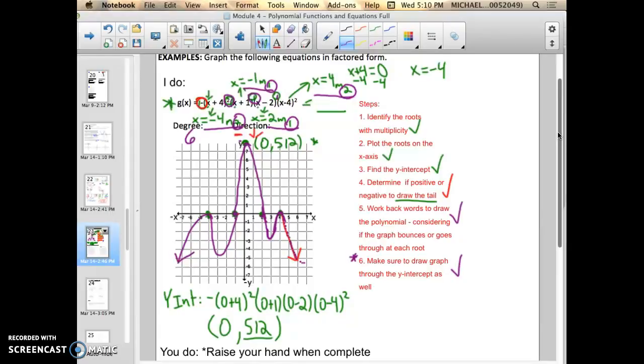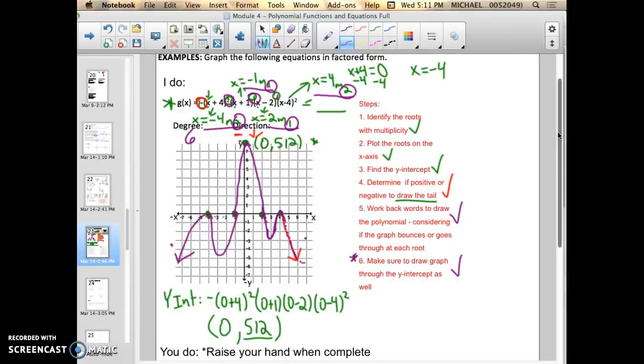Let's see if this matches then. Degree 6 is an even number. And what are my endpoints doing? This one's going down, and this one's going down. So I have done this correctly. Because when both of the endpoints are doing the same thing, I know that it's even. So I have drawn this exactly how I should, following it step by step.